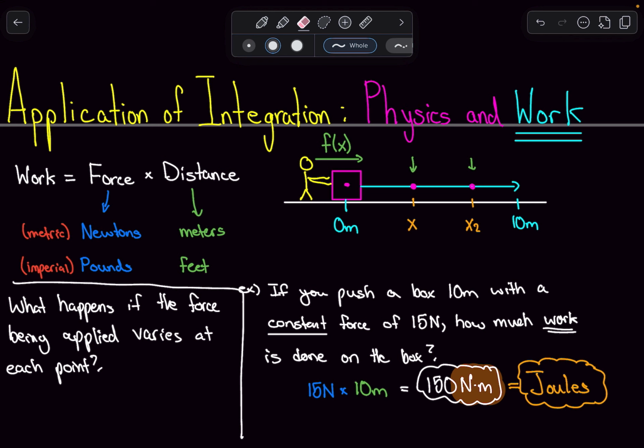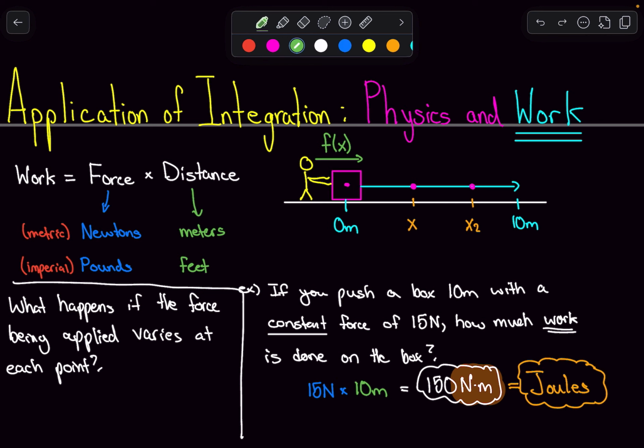And so just like our concept with calculating total volume before meant adding up a whole bunch of tiny volumes, or the concept of finding total area meant adding up a whole bunch of tiny areas, the idea is that I can no longer just do this whole calculation in just one stretch.